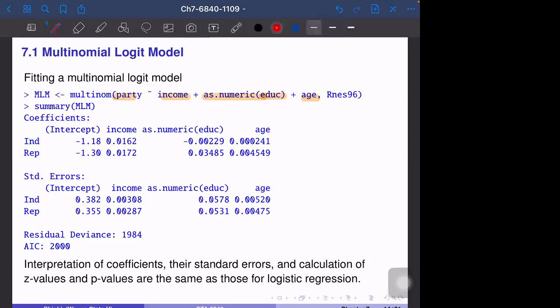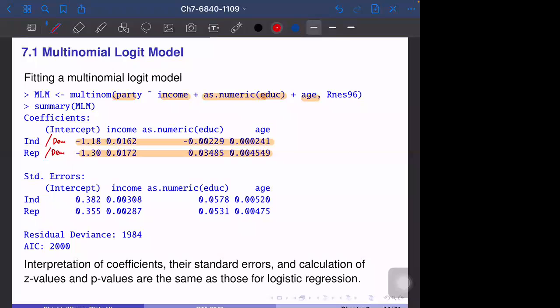So the estimation result is basically here. We have two models: one is the probability for independent over probability for Democratic, and the other is the probability for Republican over Democratic.